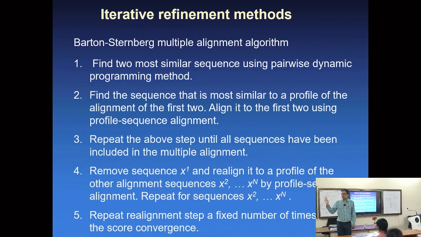Repeat it iteratively. Third sequence removed, aligned against the group of remaining sequences. Then the fourth sequence removed, aligned against the group of remaining sequences, and so on. Do this process several times, for some defined number of iterations or until convergence. Convergence means that the score is no longer increasing.